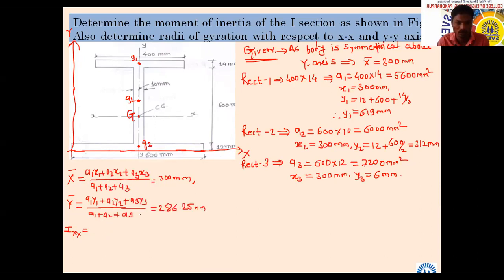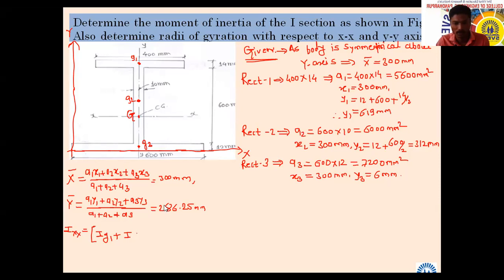Which are they? First one is IG1, plus IG2, plus IG3. The distance also we have to add, no? Yes, sir.